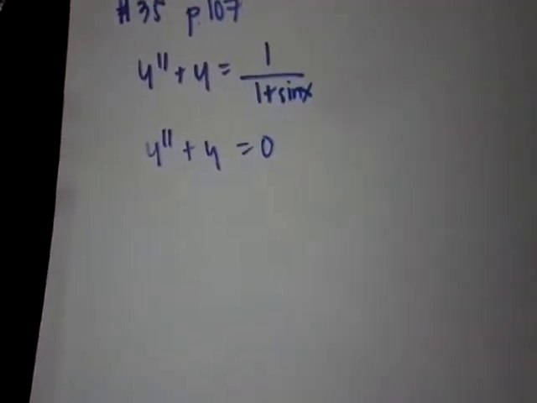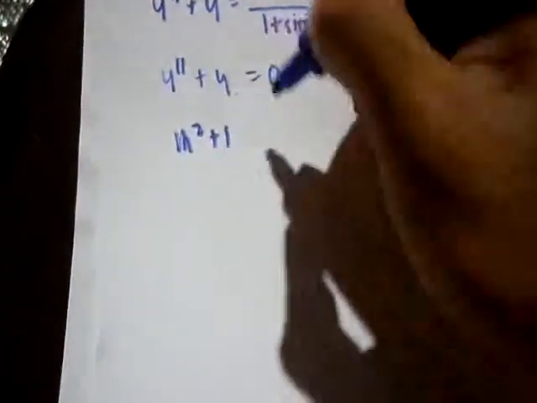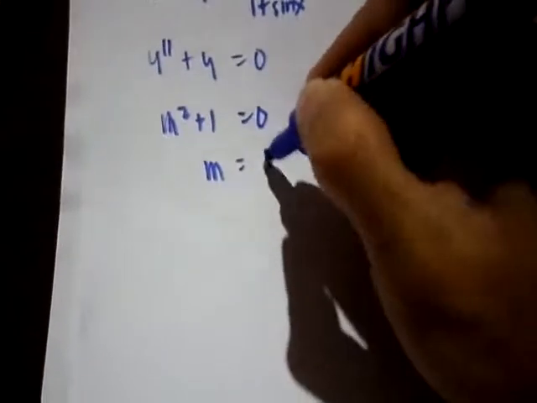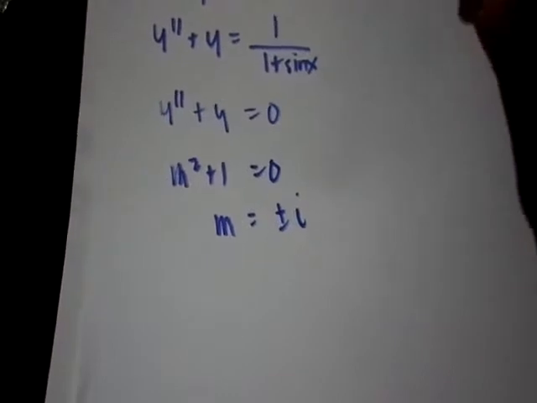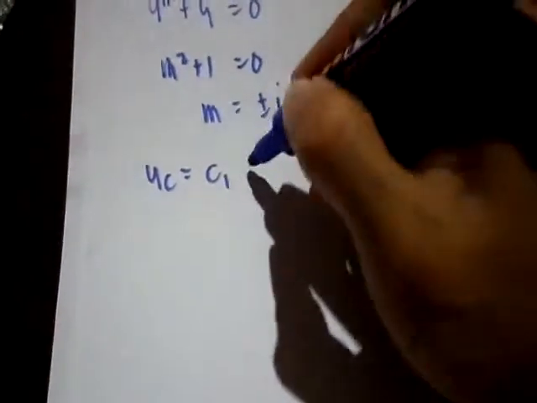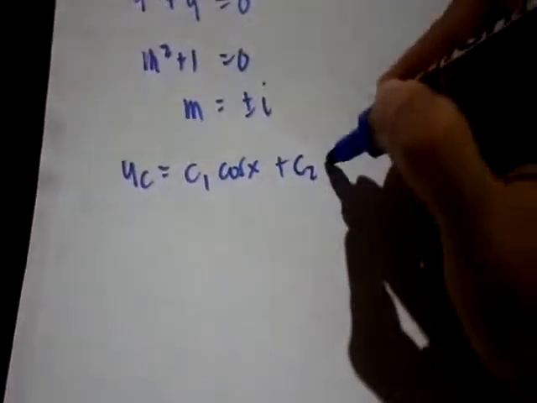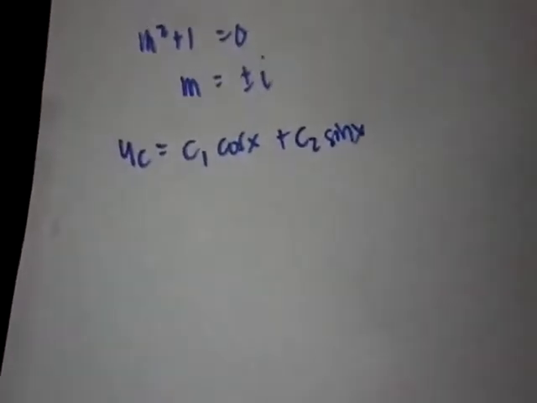Its characteristic equation is m squared plus 1 equals 0, and its roots are plus or minus i. And then its complementary solution is c1 cosine x plus c2 sine x.